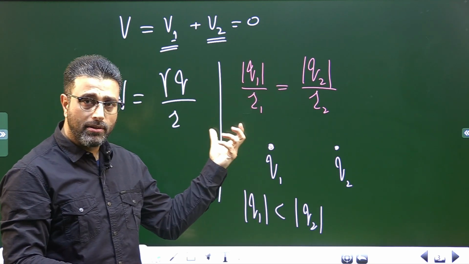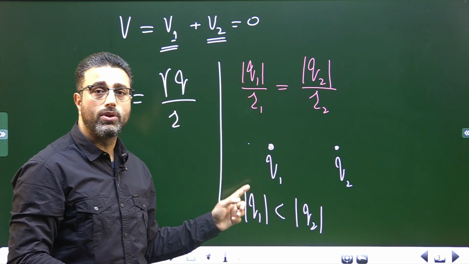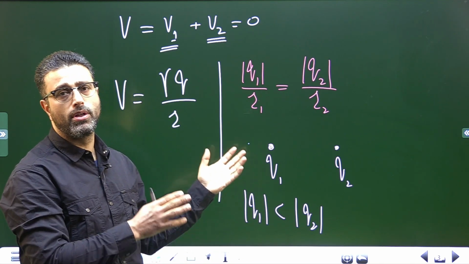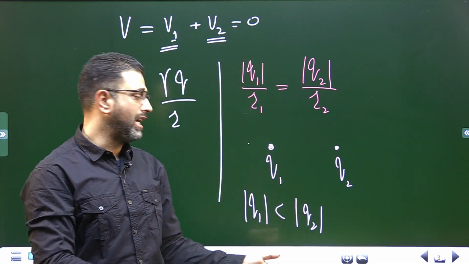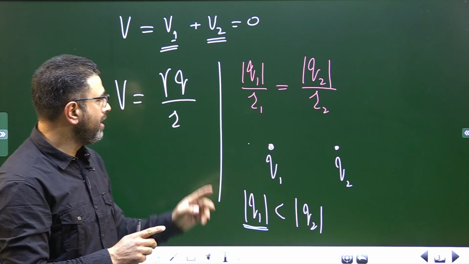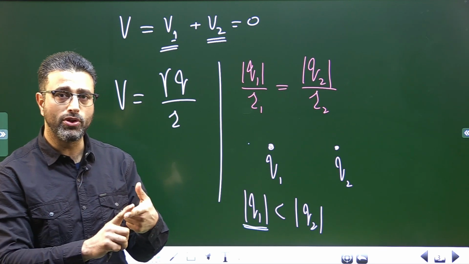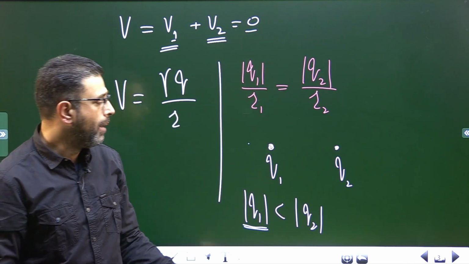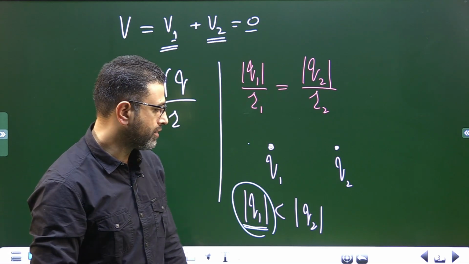That would mean the point where net potential can be 0 must be closer to the charge whose magnitude is smaller. So we have two things now. Number one, we need charges to be of opposite signs. Then the point at which potential can be 0 must be closer to the charge with smaller magnitude.